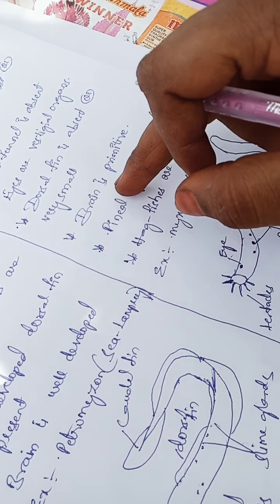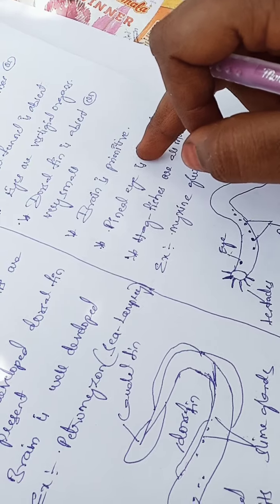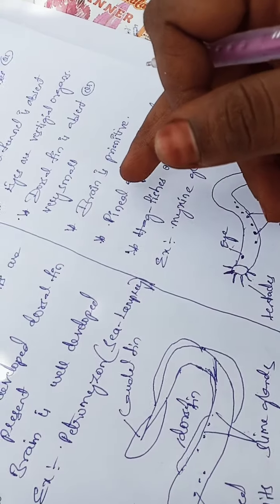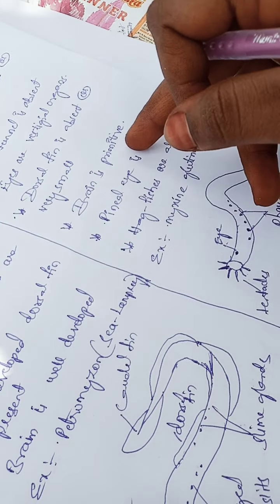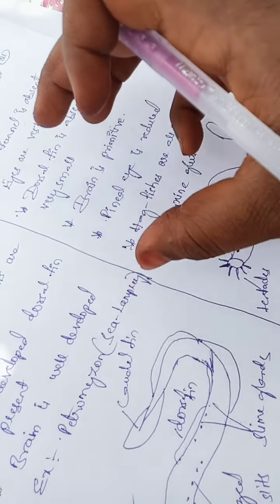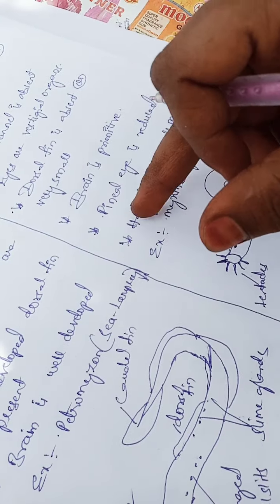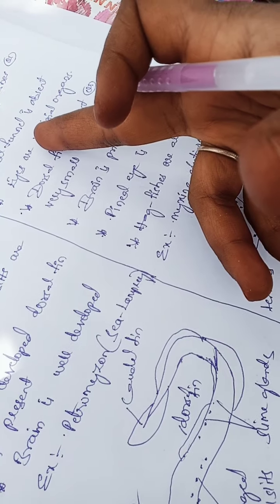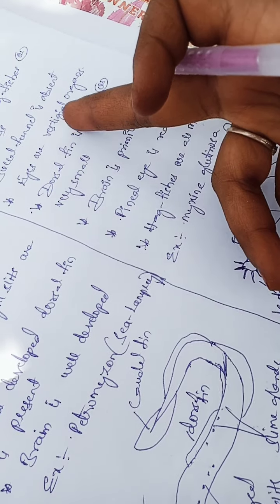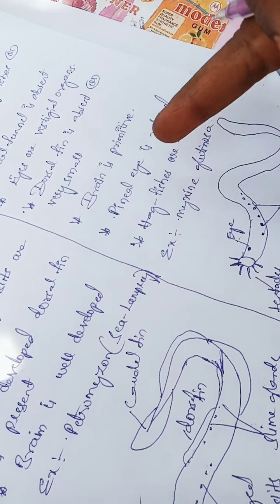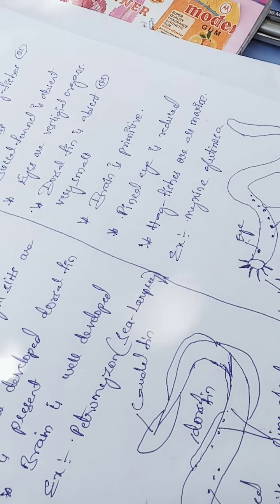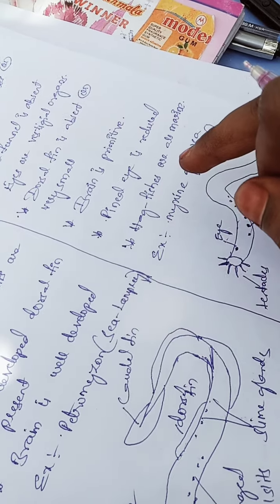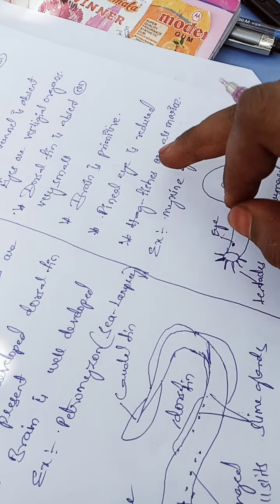Next, the brain is primitive type. In Petromyzon the brain is well developed, but here the brain is primitive, carrying the ancestral brain. Eyes are present but vestigial, and the pineal eye is reduced. Hagfishes are marine.